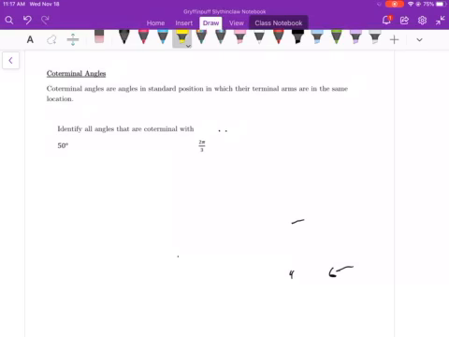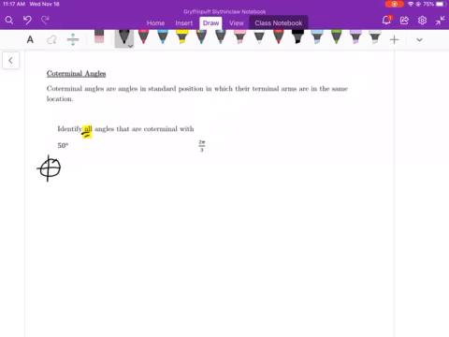I'm going to identify all angles that are coterminal. So really, it might be called a general type solution. All angles, wow, that's a pretty tall task. So where am I going to start off? I'm going to draw my unit circle, and there's 50 degrees up there.